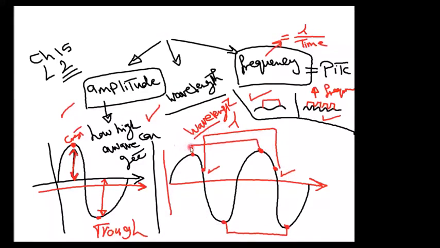Guys, did you finish? Because I need to do something else for the wavelength. Yes, Miss, we finished. Okay. So, this is the wavelength. If you look at the wavelength again, is this the wavelength for the longitudinal or the transverse wave? The one I'm drawing here. Transverse.